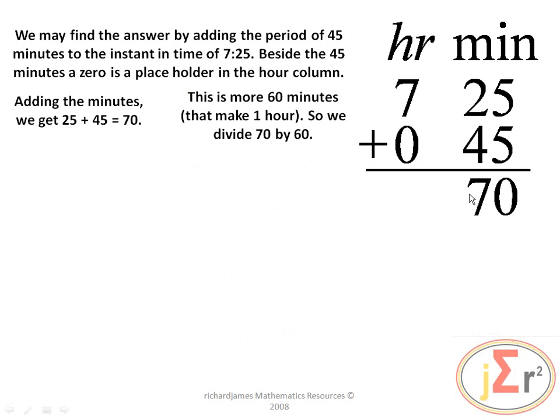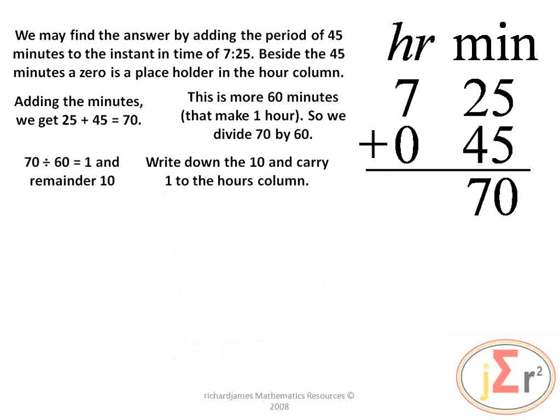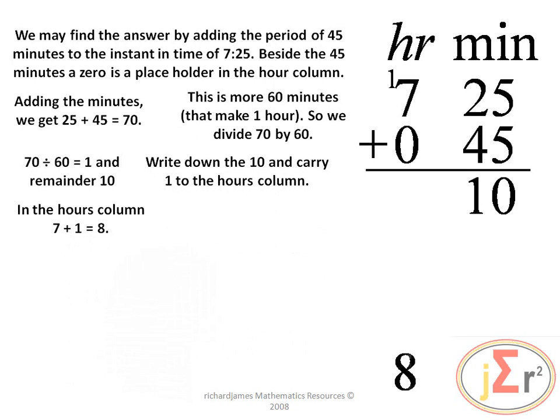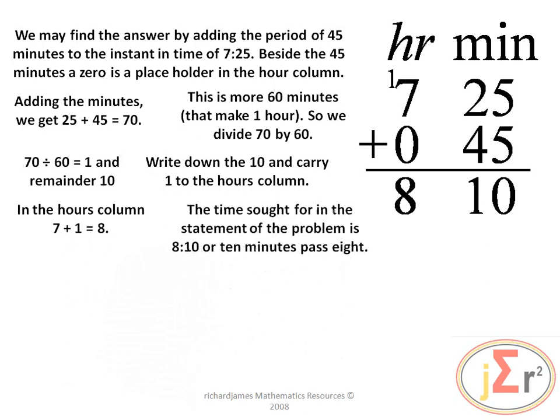So because this is more than 60, we are going to convert this to hour and some minutes. So 70 divided by 60 is 1, and the remainder is 10. So write down the 10 and carry 1 to the hour column. In the hours column, 7 plus 1 is equal to 8. The time sought for in the statement of the problem is 8:10 or 10 minutes past 8.